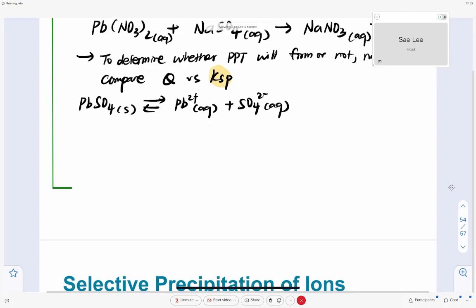In order to find the reaction quotient Q, we need to determine the concentration of lead and sulfate ions.